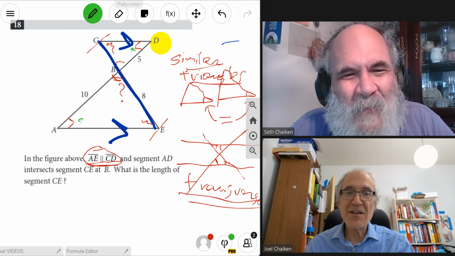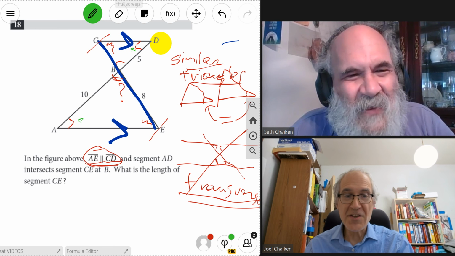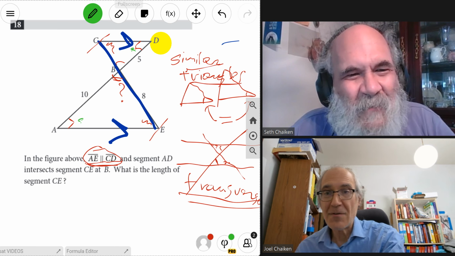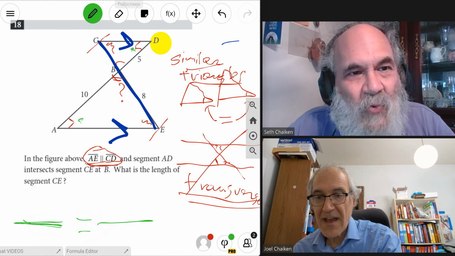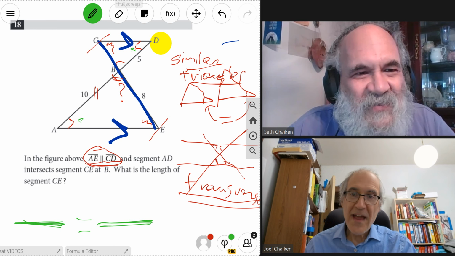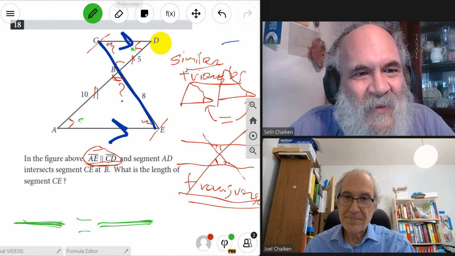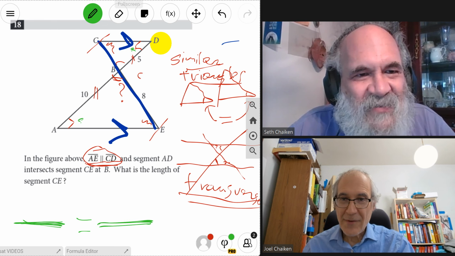Corresponding sides are proportional. So you have to write a ratio. What are the corresponding sides? This one and this one are corresponding sides. Wait, which sides are corresponding?